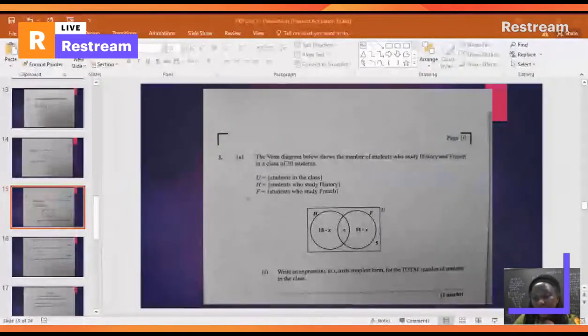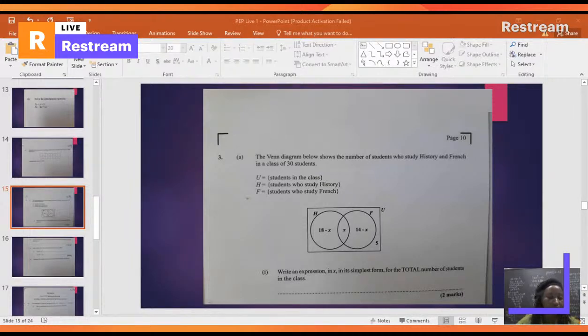H represents students who study history, and F represents students who study French. All right. So now they want us to find, and they have drawn the Venn diagram.